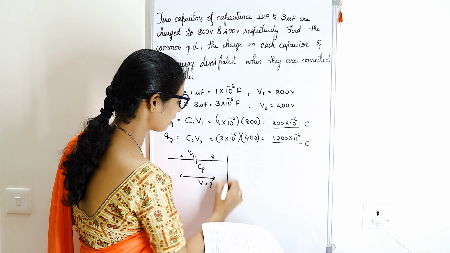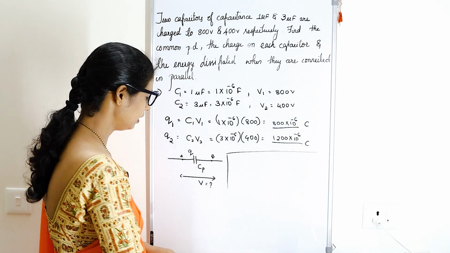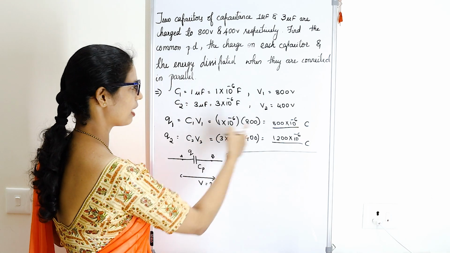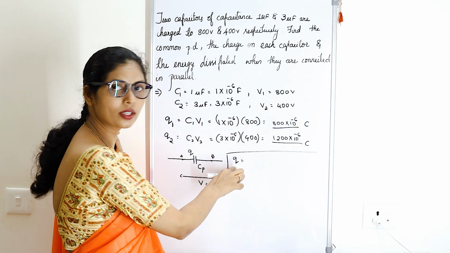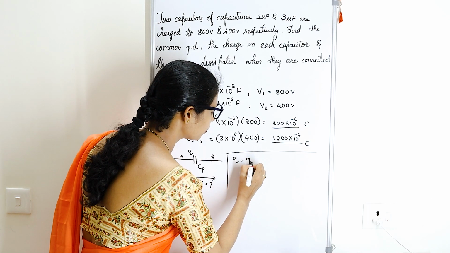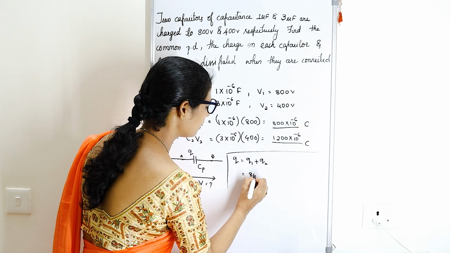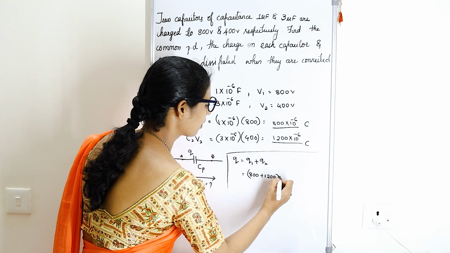So what is the effective capacitance here? First we'll find the total charge, since we have already got the values for the charges. So Q equals Q1 plus Q2 equals 800 plus 1200.